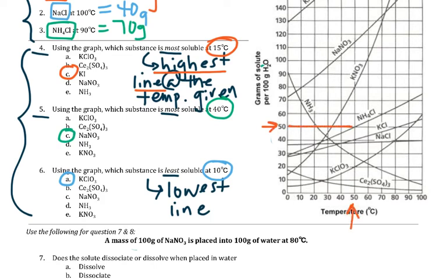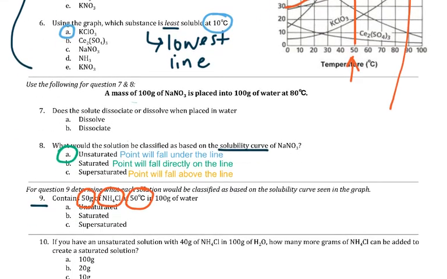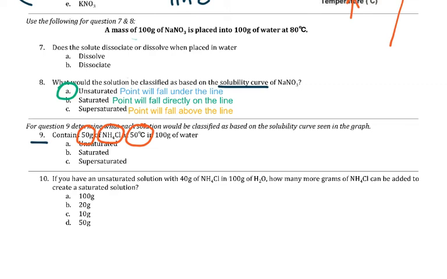Let's follow those lines. The substance we were looking for was ammonium chloride, and our point falls directly onto the solubility curve for that substance. So if we go back down here, that tells me this is a saturated solution.